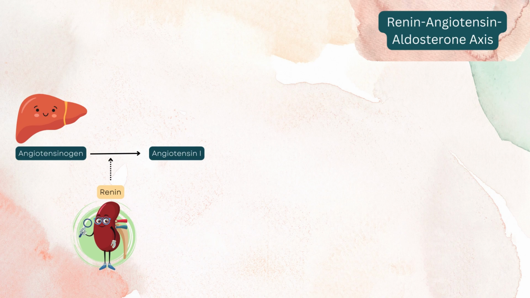Renin catalyzes the conversion of angiotensinogen, the renin substrate produced and secreted by the liver, to a decapeptide called angiotensin-1.